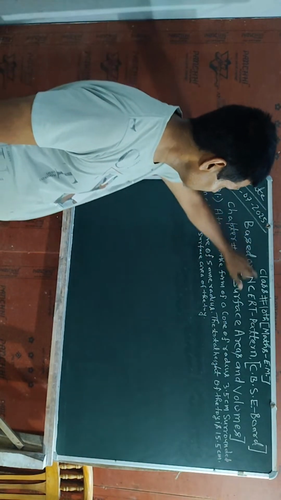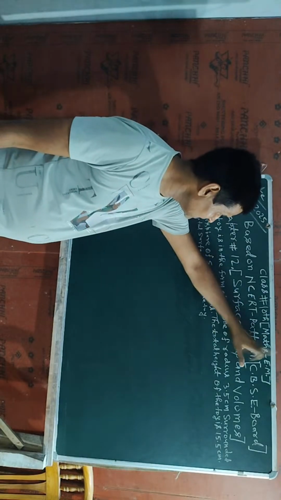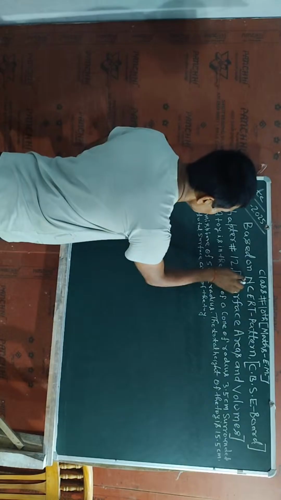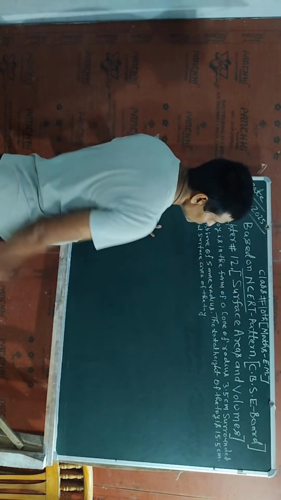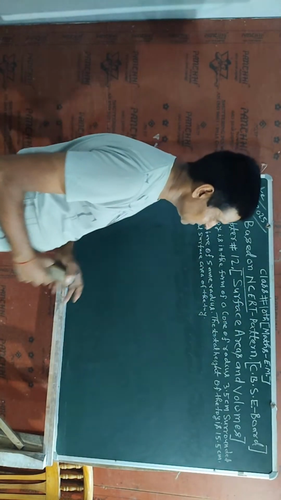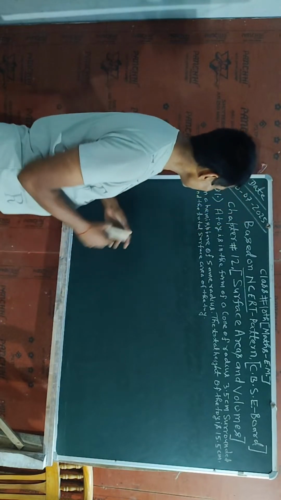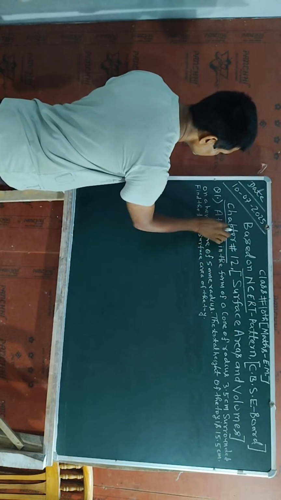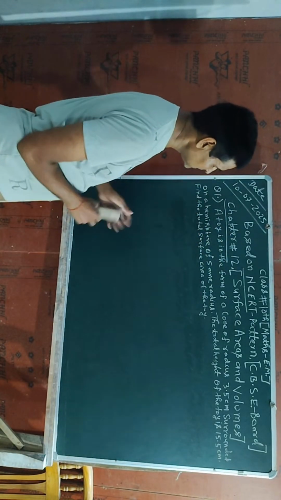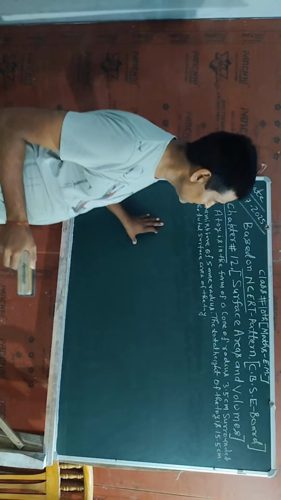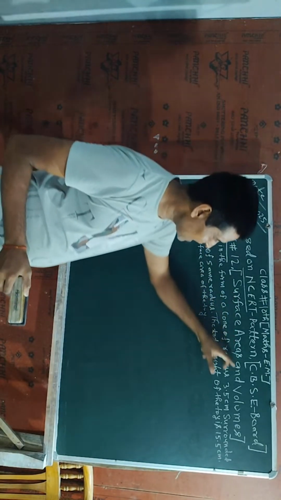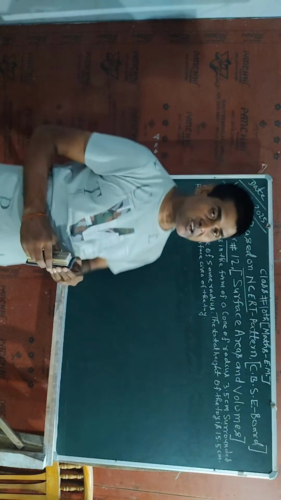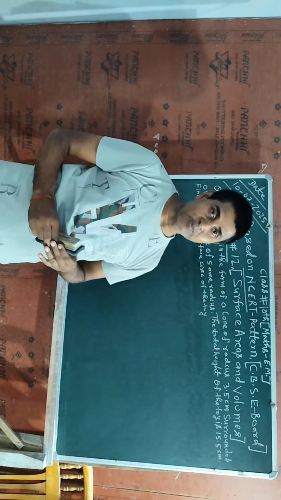This is class 10th mathematics in English medium, based on the NCERT pattern, and the board will be the CBSE board. Now here I am explaining chapter number 12, which is named surface area and its volume. Now here I have written one question, and all those questions I will explain clearly.